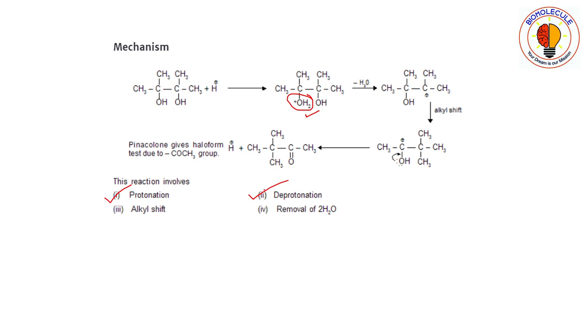Deprotonation also occurs in this one, but it is not in the sequence, okay. So the sequence is protonation, then removal of water molecule, then alkyl shift, and deprotonation. The key thing to this mechanism is this alkyl shift only, okay.